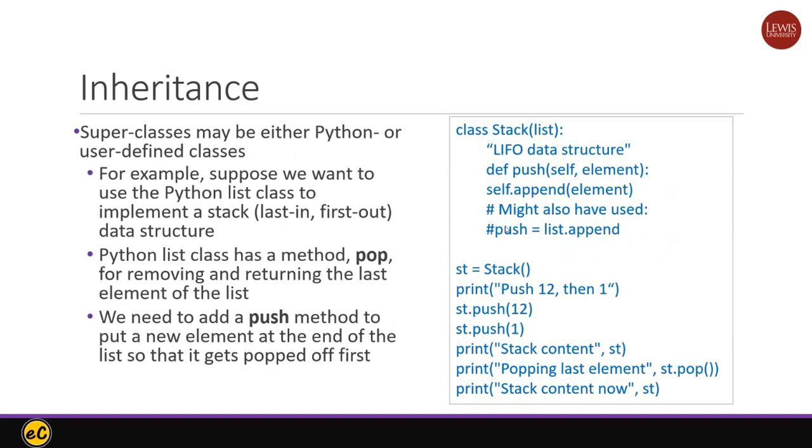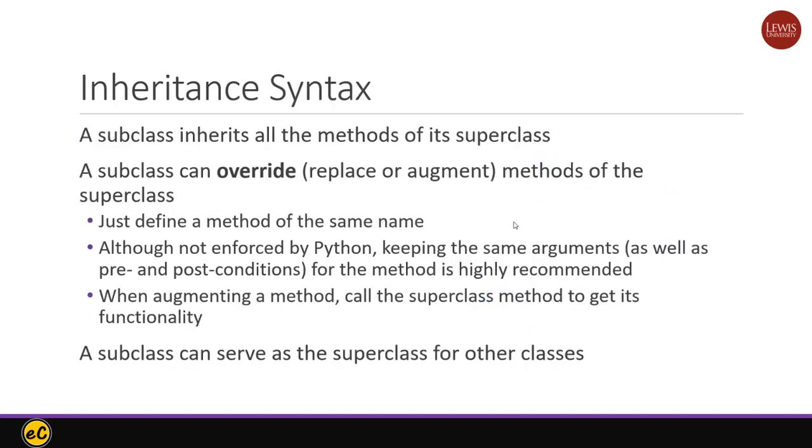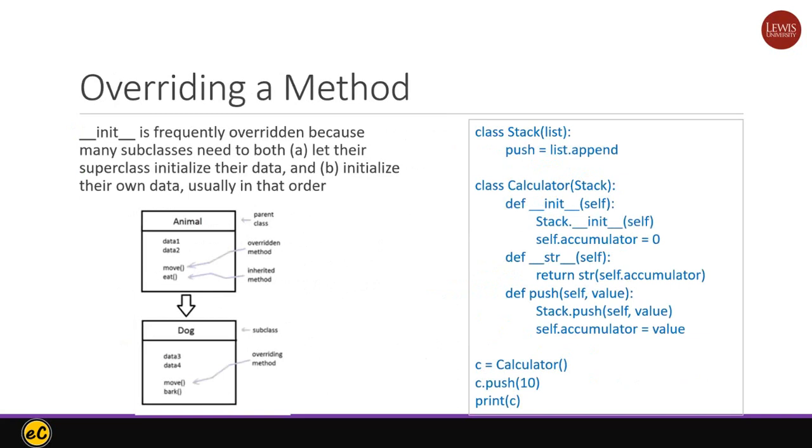Other than that, we don't repeat. And you can override a function from your parent class, just like we showed you in Python and Java. Rewrite it. So you have your animal and your dog.